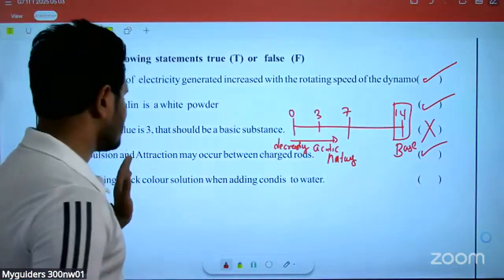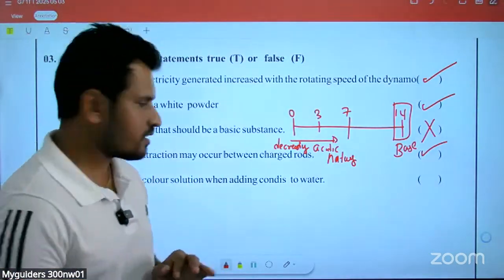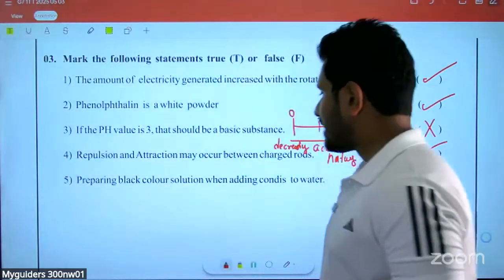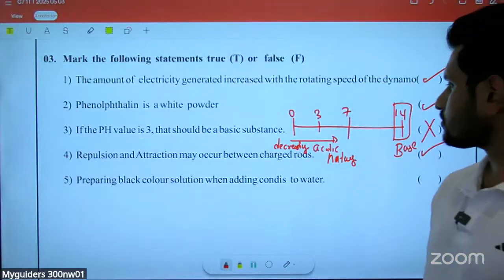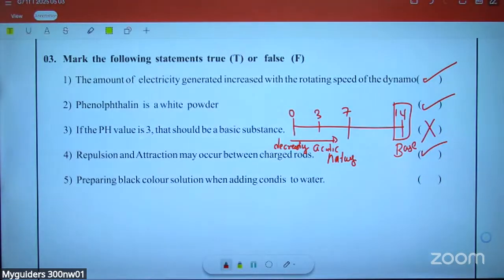Preparing a black color solution when adding condensed water. So you know about the condensed crystals. මොනවද පුතේ condensed crystals කියන්නේ? Any idea?